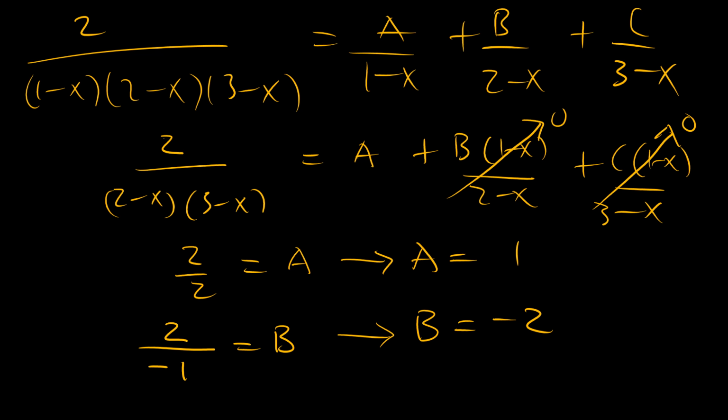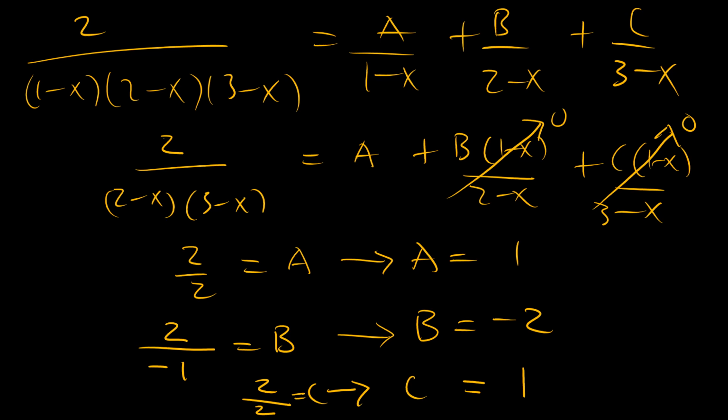For C, we have 2 over 3 minus 1, which is 2, and 1 minus 3 is negative 2, and 2 minus 3 is negative 1, so negative 2 times negative 1 becomes positive 2, and equals C, and so C equals 1.